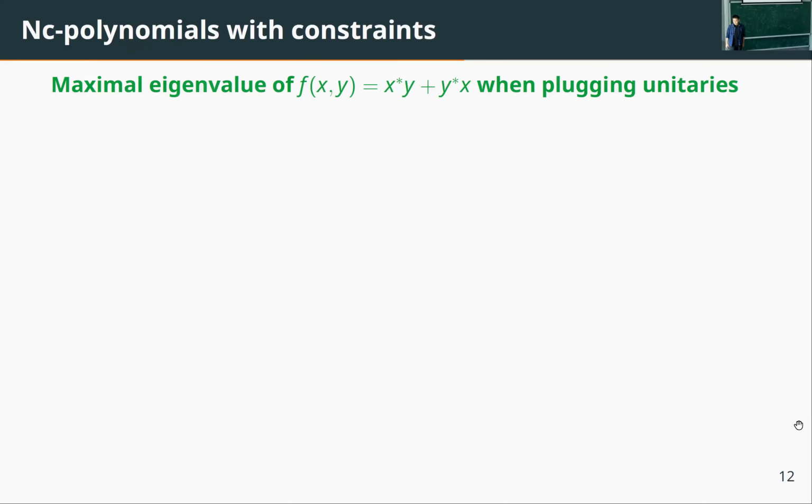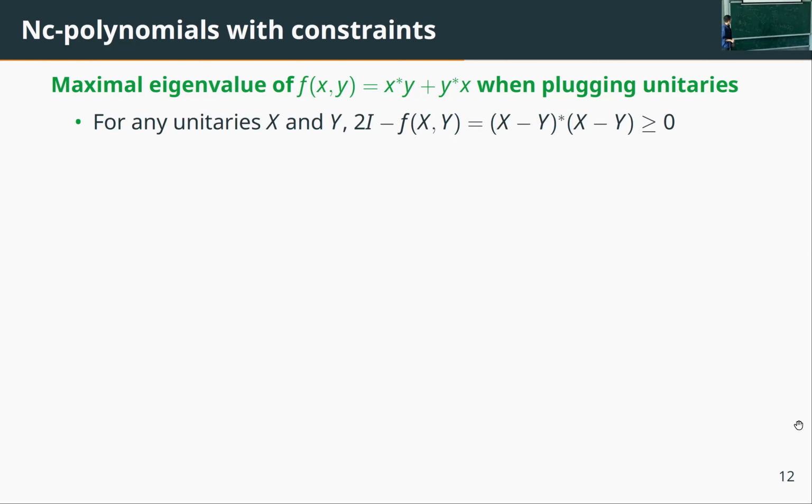Now we also need to consider non-commutative polynomials with some constraints. For example, now you want to find the maximum eigenvalue of the polynomial x star y plus y star x when plugging in unitaries, so you have a constraint that your variables are unitaries.